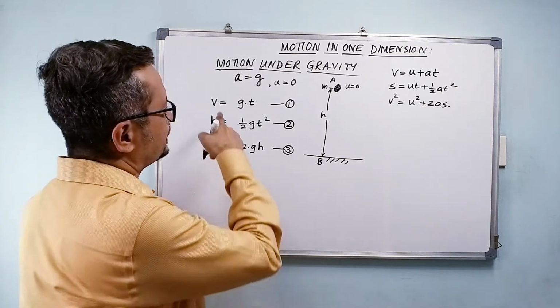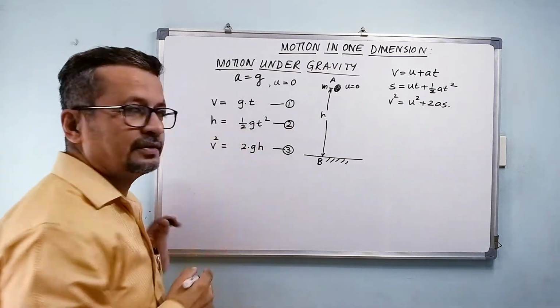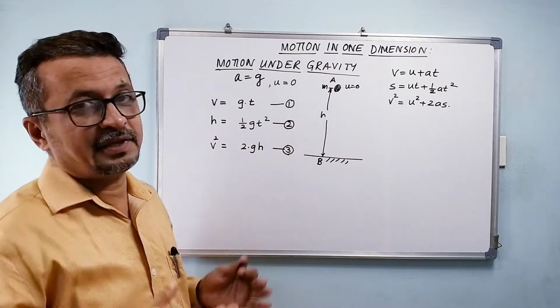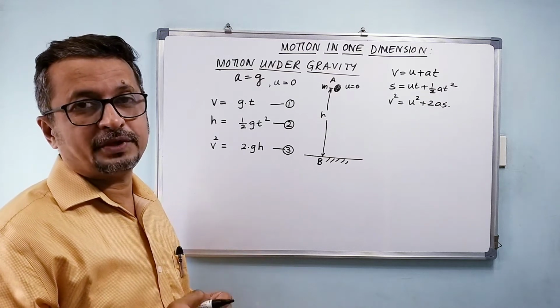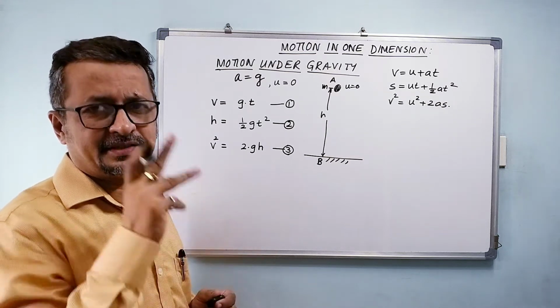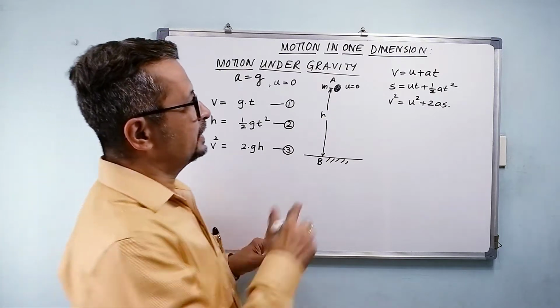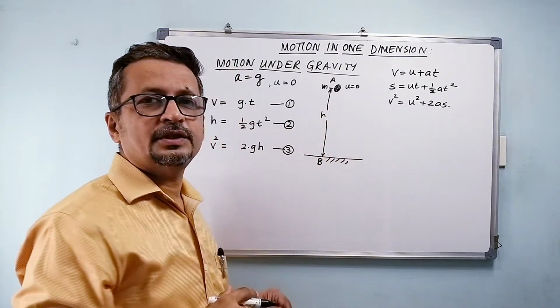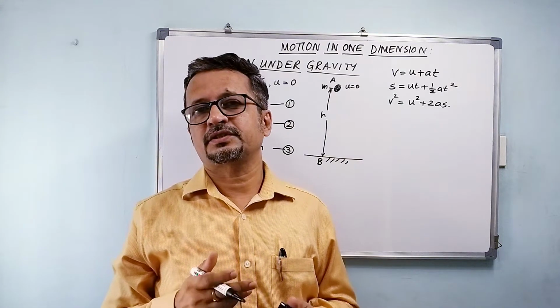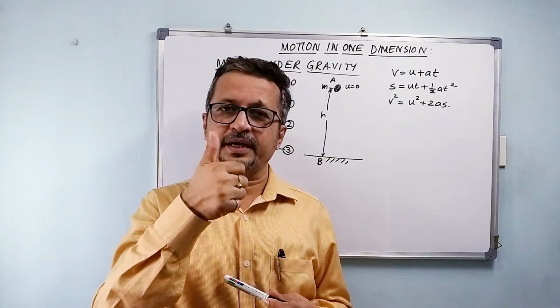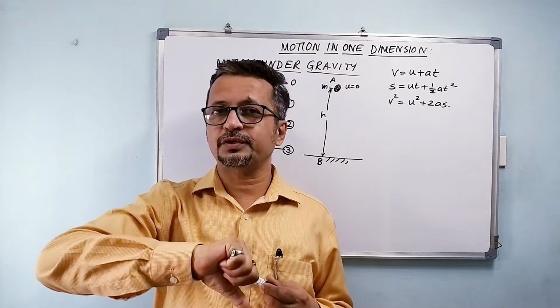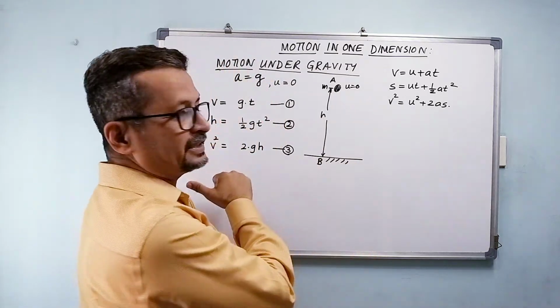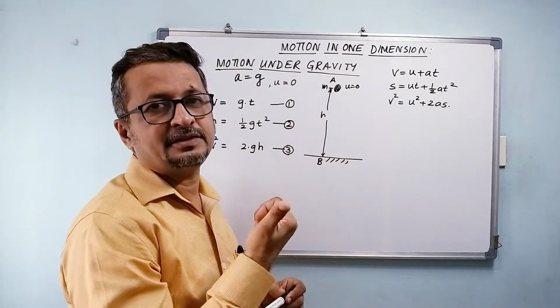Now you will see that I have left some space over here. Why did I do that? Maybe I might want to insert some signs there. Yes, I want to do that. Here that object is falling vertically downwards. The general sign conventions are that upward is positive, downward is negative, to my left it is negative, and to my right it is positive.